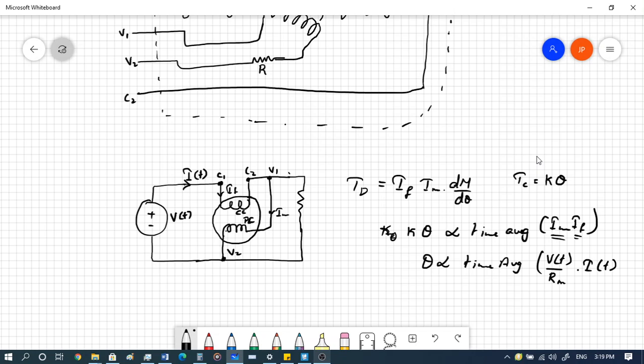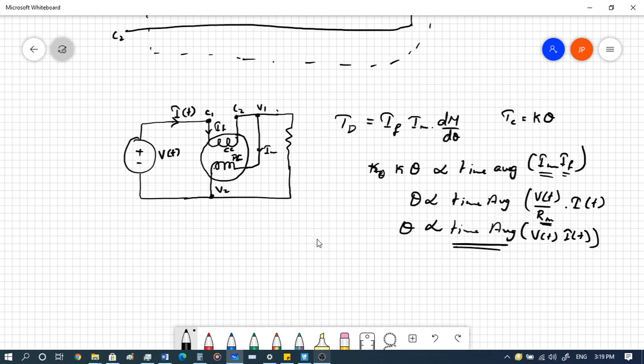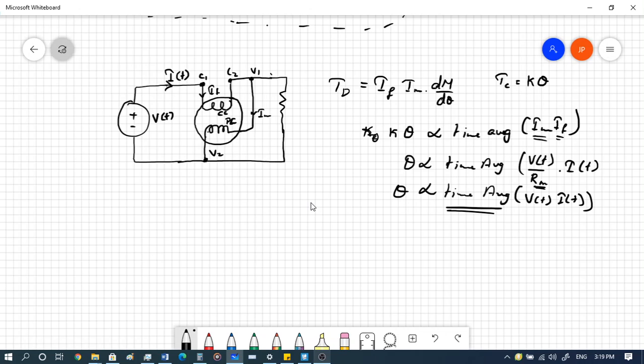Here we can see that theta is, again, R is a constant, so this is again the time average of V of t into I of t, right guys? So this instrument has been calibrated in such a way that it shows the average power consumed. This is how the instrument actually finds the average power consumed in this circuit.